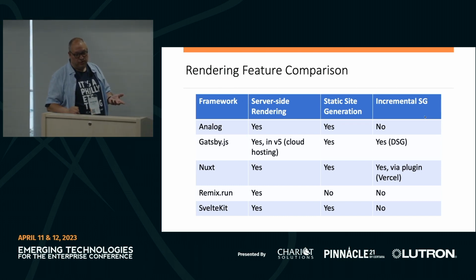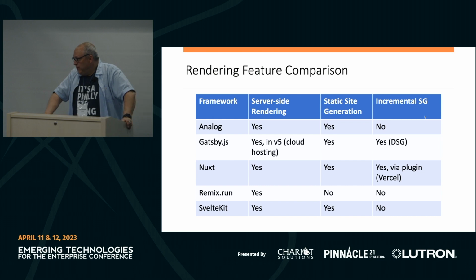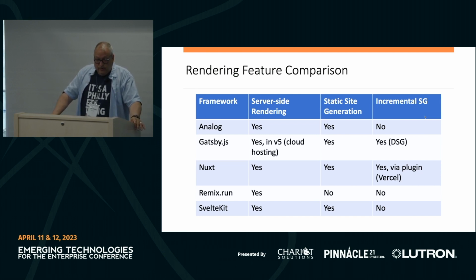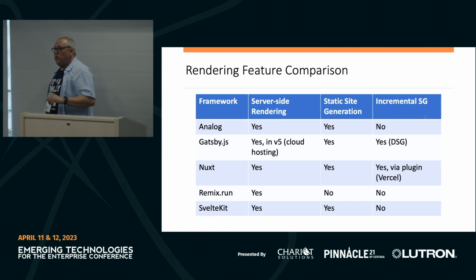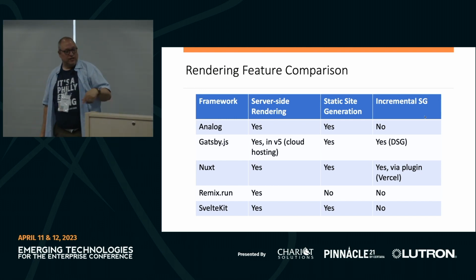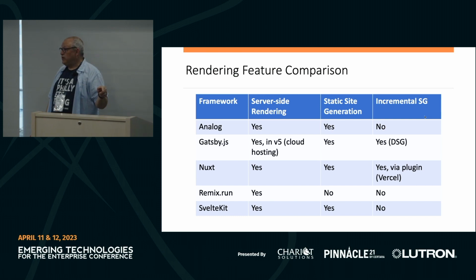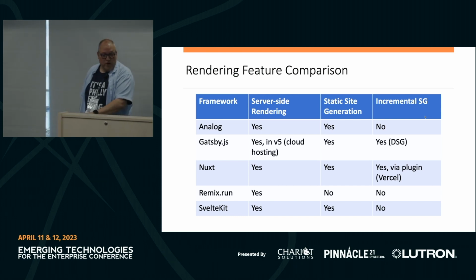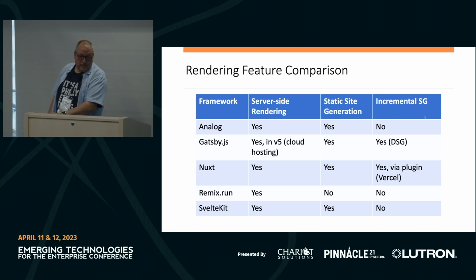Static site generation, Remix is the one that's the holdout there. Incremental static generation, Gatsby really does this with deferred site generation. And I'm missing Next.js on that. So Next.js does support it, and they support incremental. And then Remix does not support static site generation.